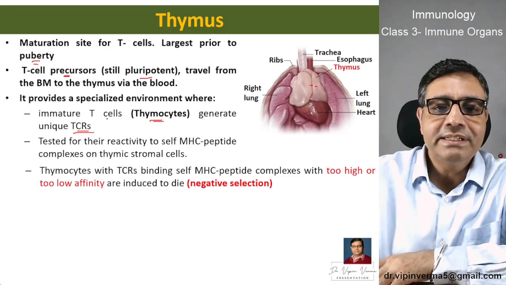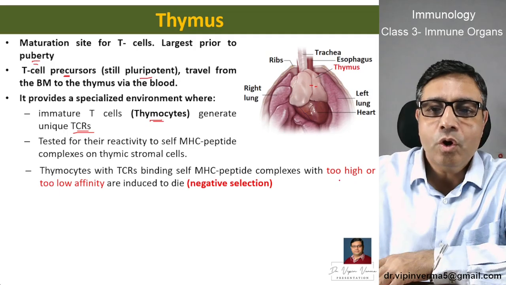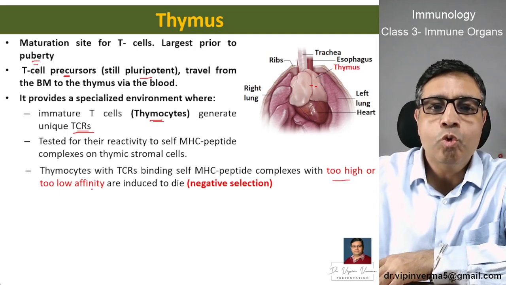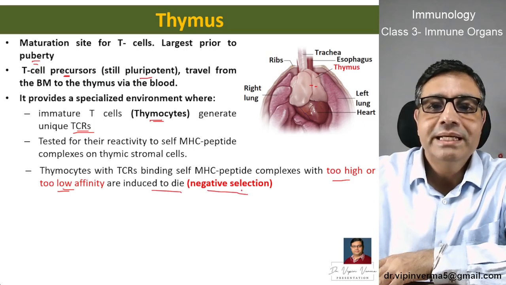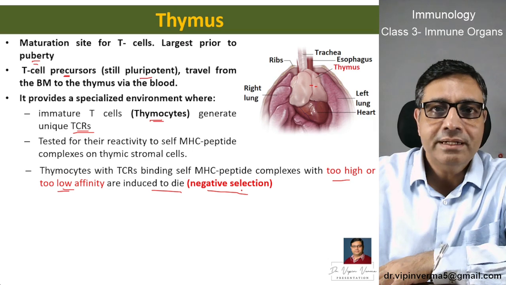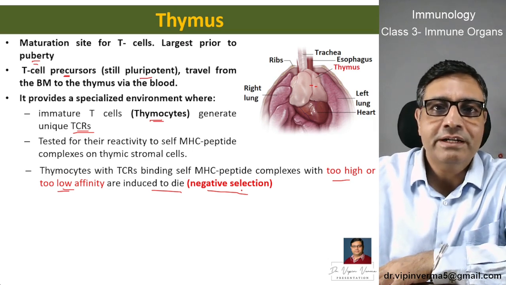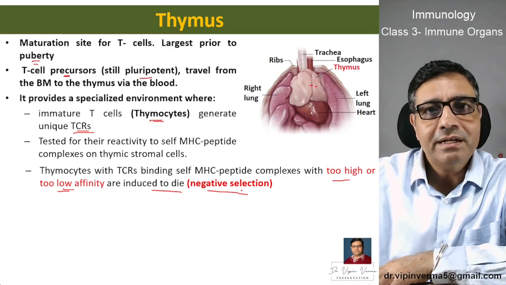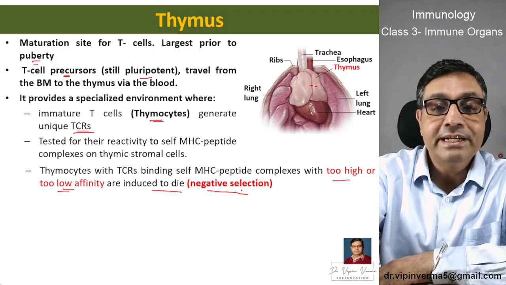So thymocytes with TCR binding self MHC peptide complexes with either too high or too low affinity are induced to die, and this selection is known as negative selection, because here the cells which are either very strongly reactive or very feebly reactive are not allowed to live, and they are induced to die.